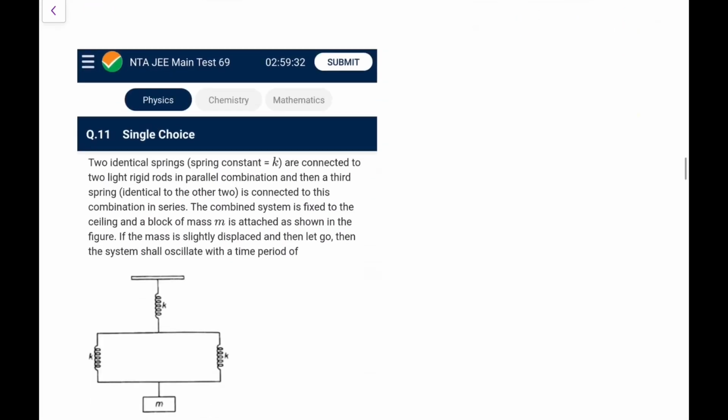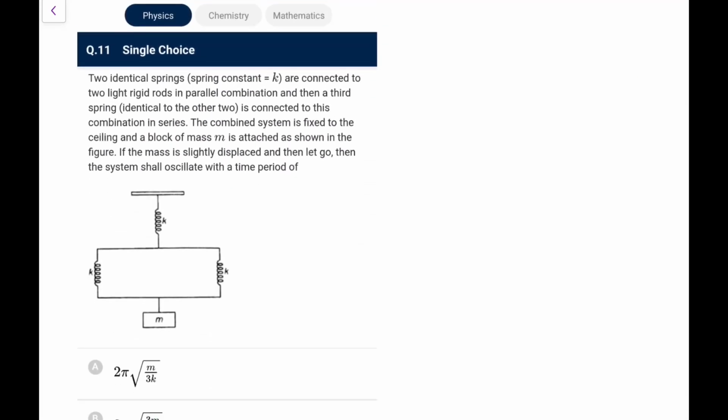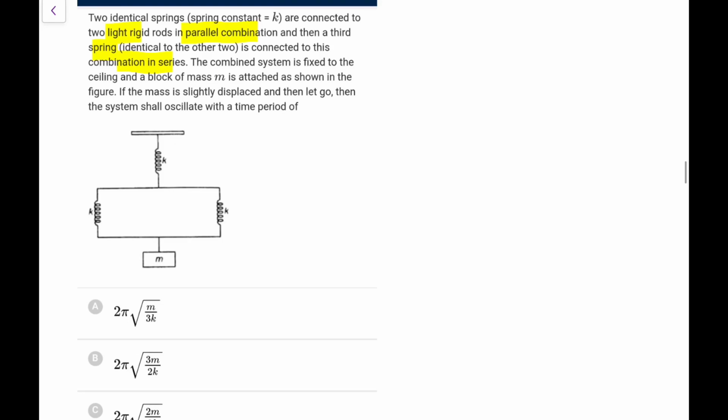Next one, two identical springs are connected to two light rods in parallel combination, and then a third spring is connected in series combination, the combined system is fixed to the ceiling, a block of mass M is attached as shown, and slightly displaced. So you need to find simply K equivalent. These two are in parallel, so that becomes 2K.